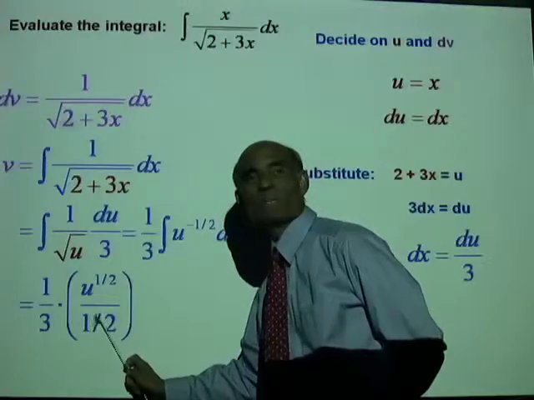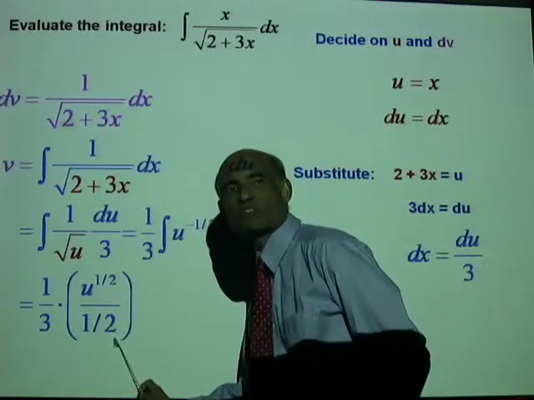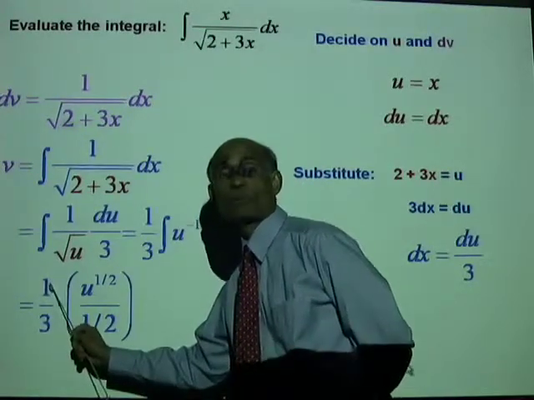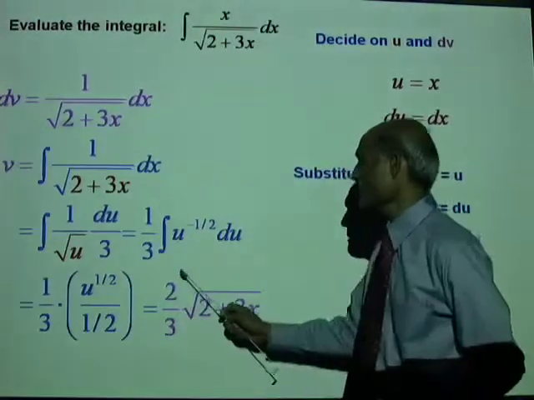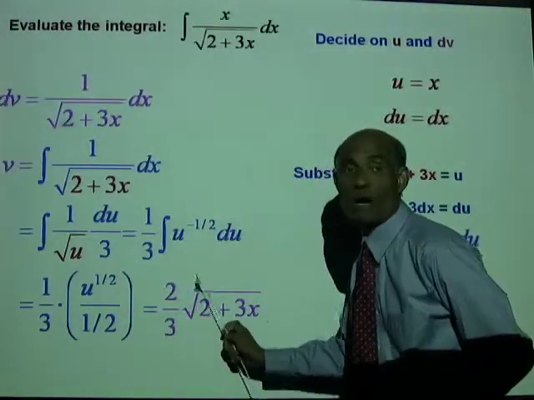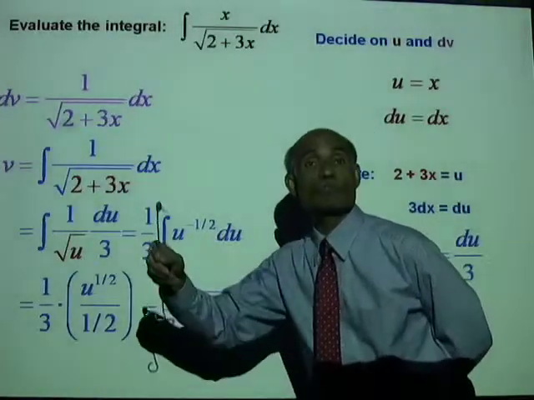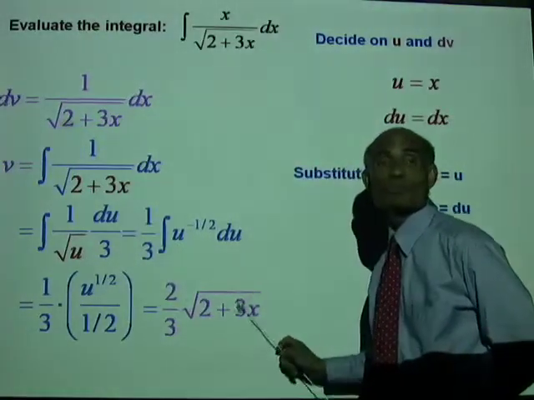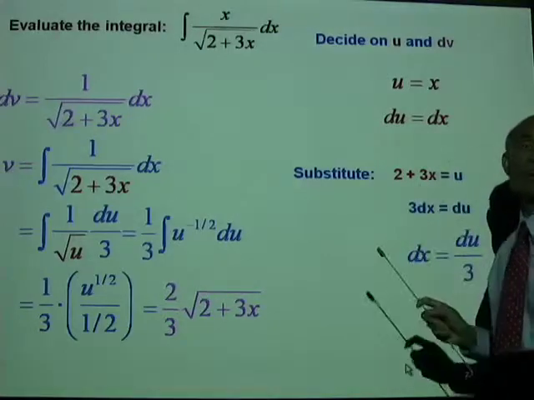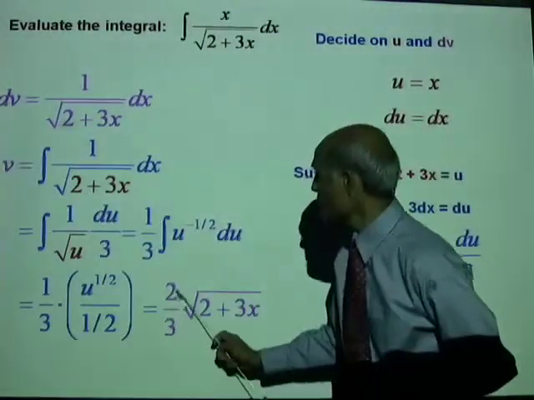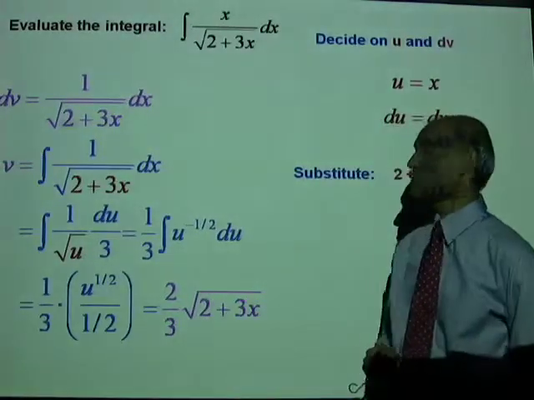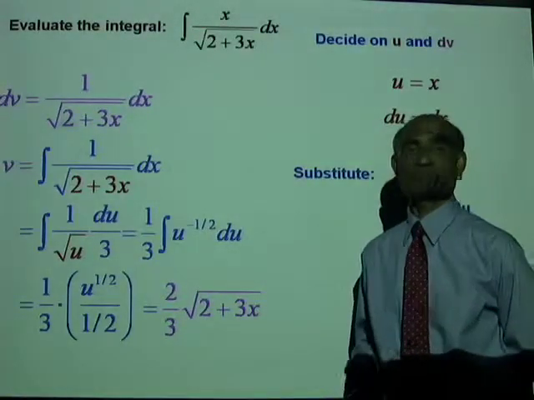And what will be divided by 1/2? That 2 will go up. So that will be 2/3 u to the power of 1/2. And u to the power of 1/2 is square root of u. And square root of u is square root of 2 plus 3x. So our v is 2/3 square root 2 plus 3x.